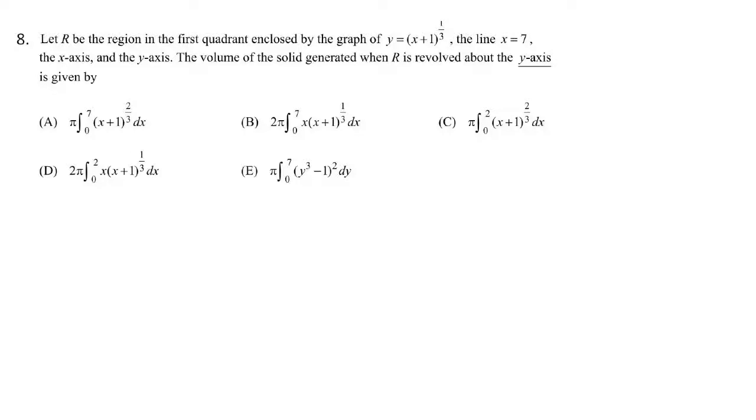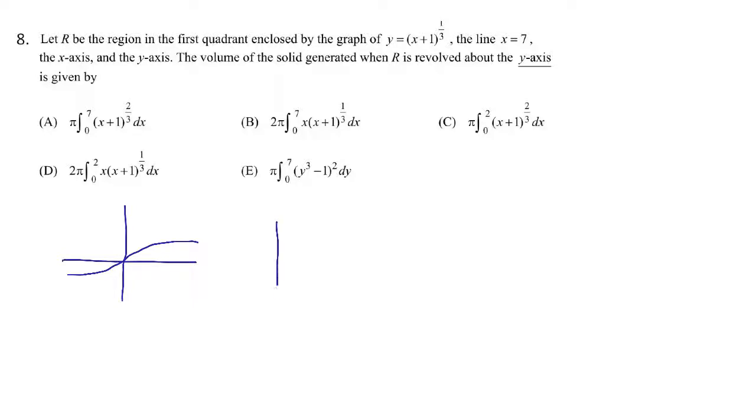Okay, our next problem, we are finding volume, and we have the graph of y equals x plus 1, all raised to the 1/3. So we're looking at the cube root function. And let's see, cube root does something like this. That's just the general function, but in here, it's been added once, so we need to slide that over.